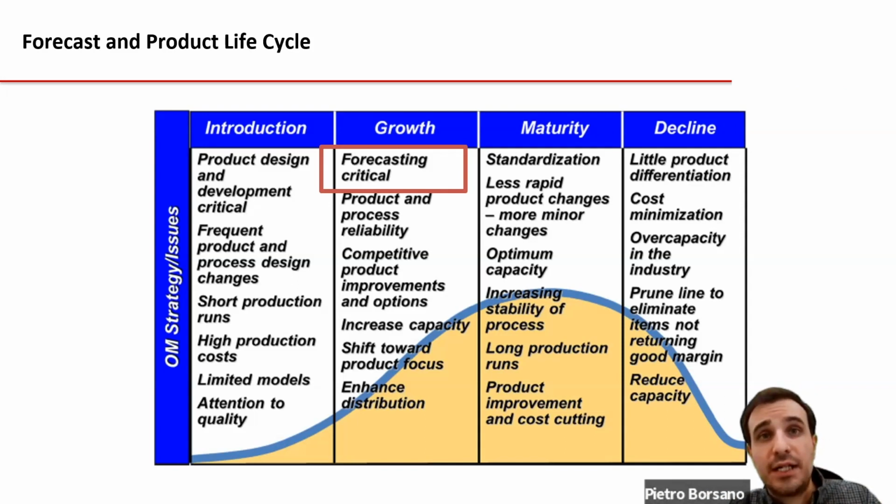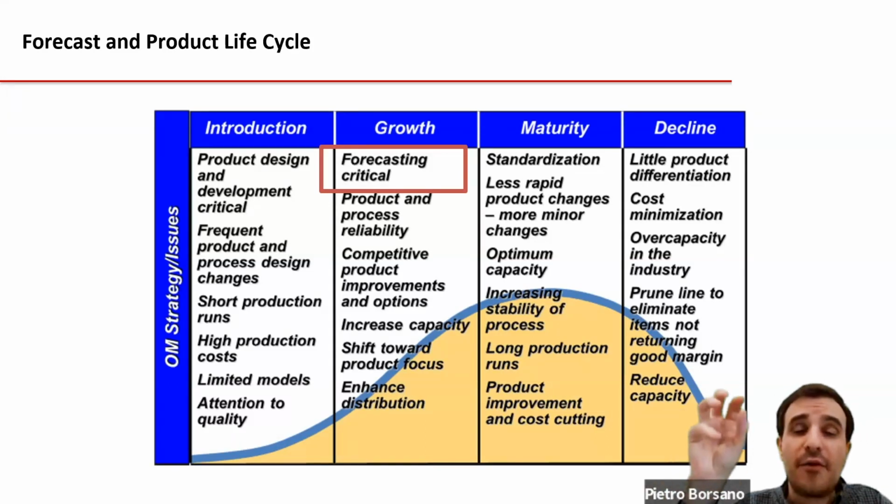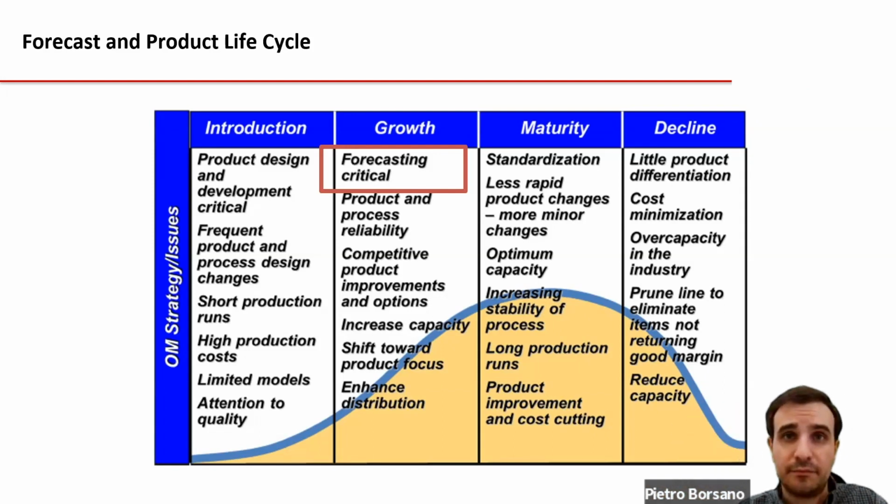And when we enter the subsequent stage, the growth stage, this is when a product is entering the mass market stage. And here, forecasting is critical, because from an operational process perspective, we are moving from a project or maybe a job shop process into batch production or assembly line production.